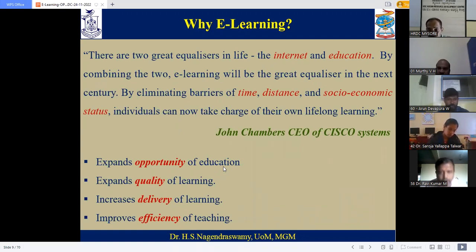But if we successfully, effectively and efficiently implement these e-learning concepts in the education sector and system, definitely we can provide quality of learning for each and everyone, because the content design will never differentiate people depending upon socioeconomic status.